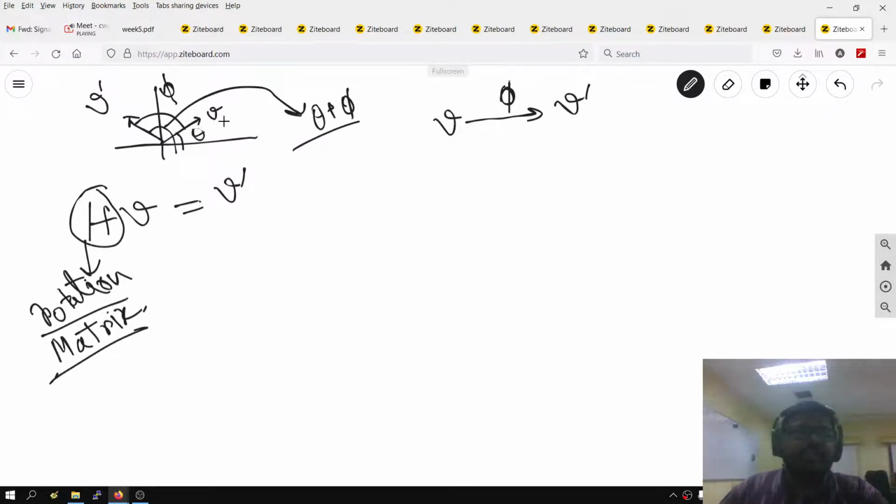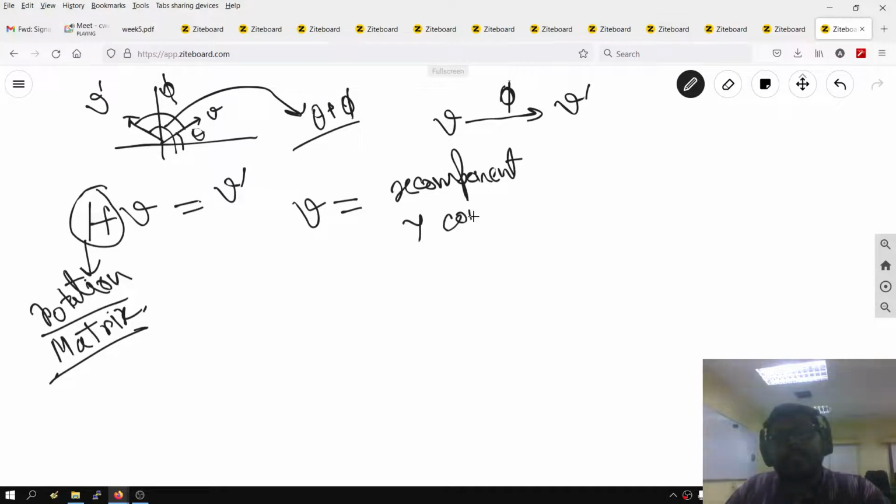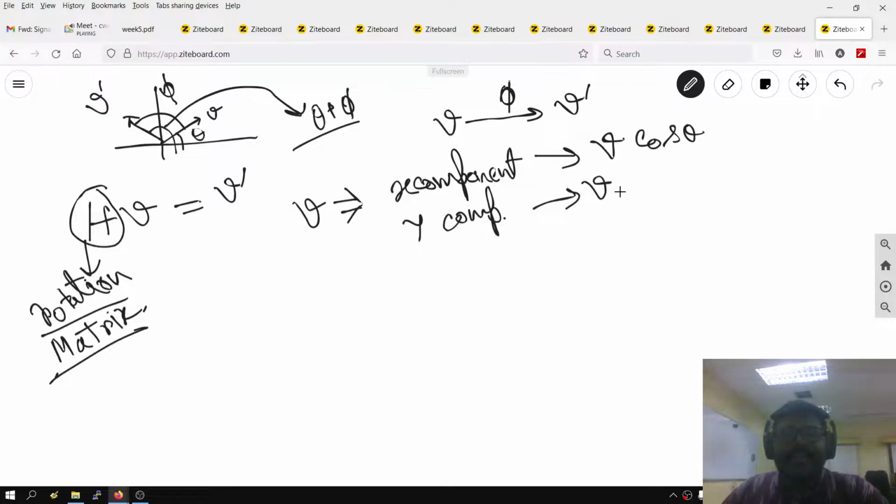So first, let us derive what v is in terms of regular bases. I can say it has an x component and a y component. For this vector v, the x component is v cos theta and the y component is v sin theta.